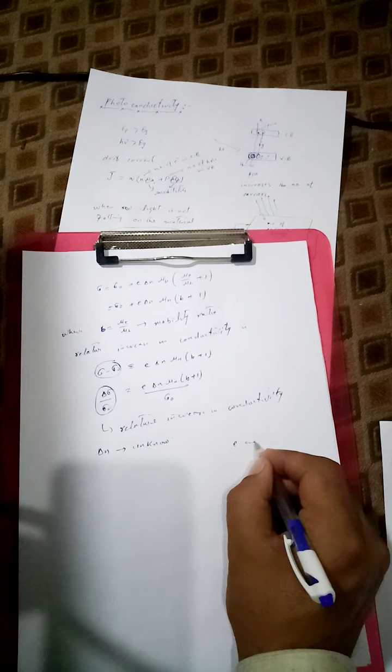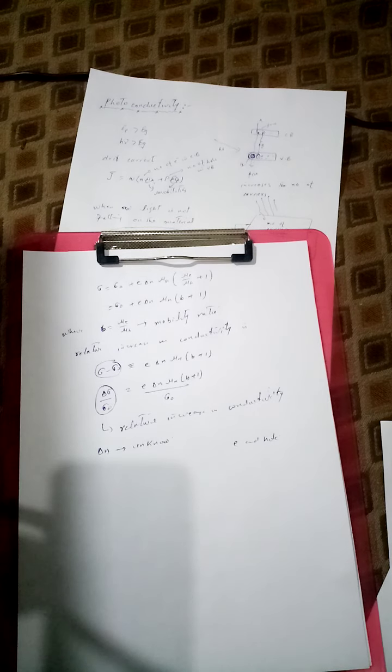Suppose that the incidence of light on a semiconductor material causes the creation of free carriers, like it creates electron and hole. So the situation becomes a non-equilibrium situation. If we have extra electrons and extra holes, then the situation is non-equilibrium.